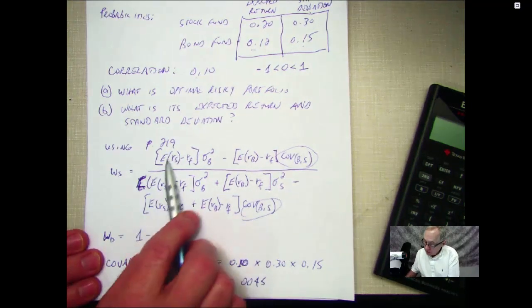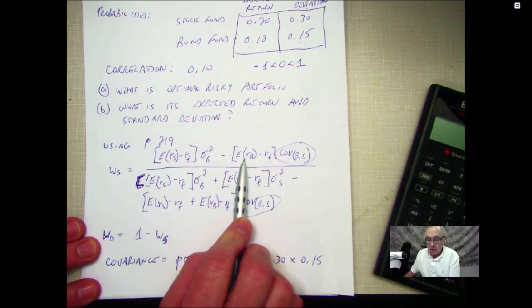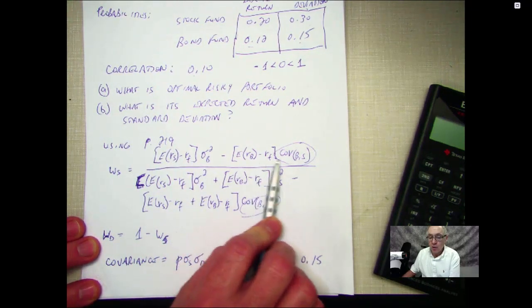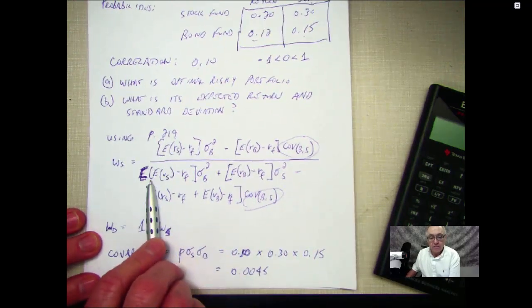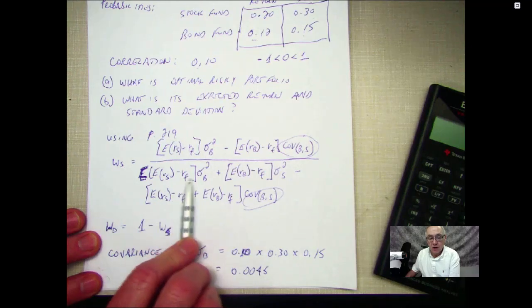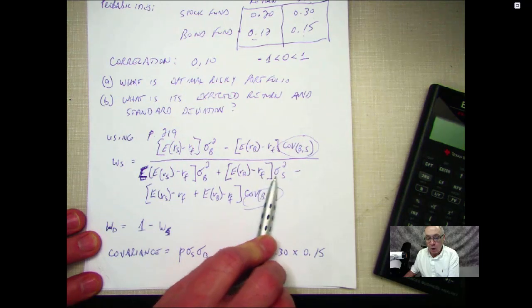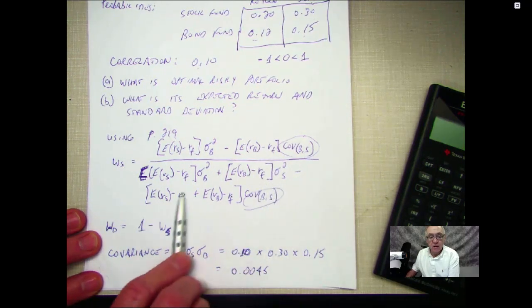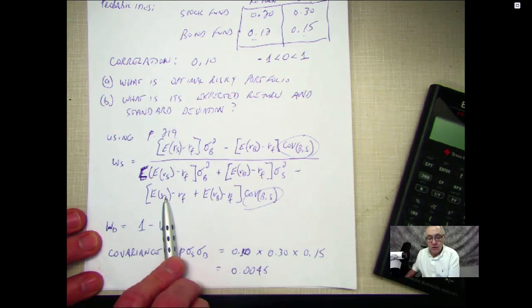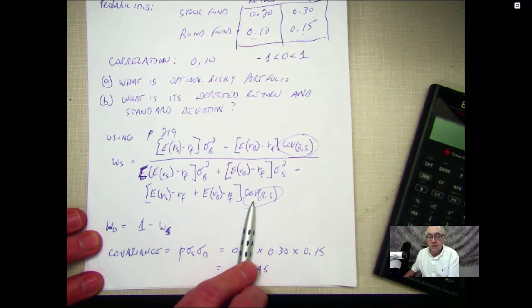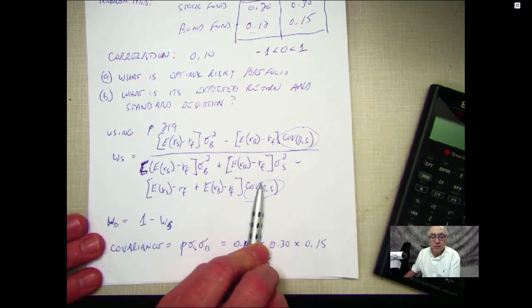This formula gives us the excess return on stocks times variance for bonds, minus excess return for bonds times covariance, all divided by excess return for stocks, again times variance for bonds, plus excess return for bonds times variance for stocks. That's repeated: excess return on stocks plus excess return on bonds, again times covariance. So we need our covariance in two places.